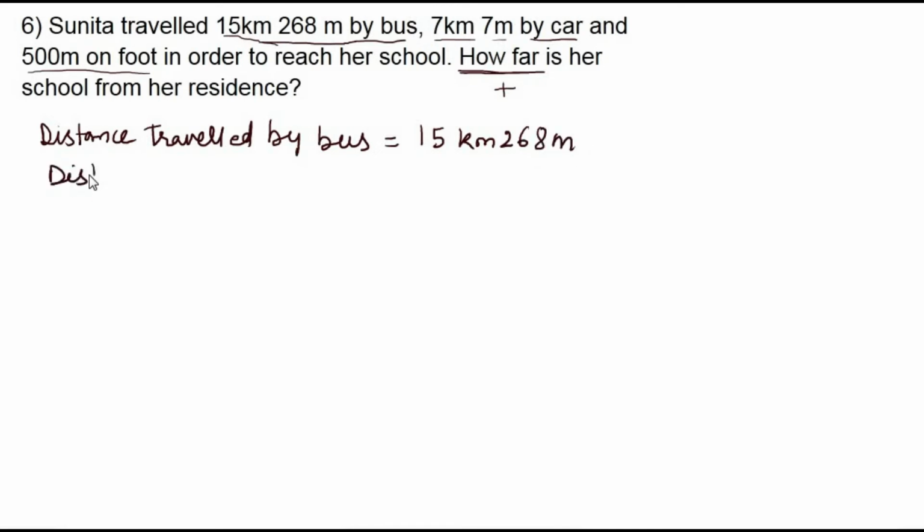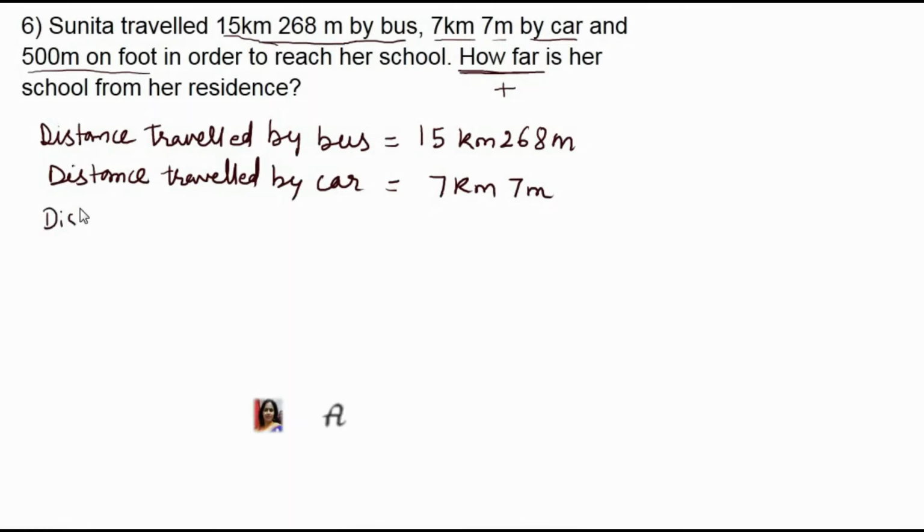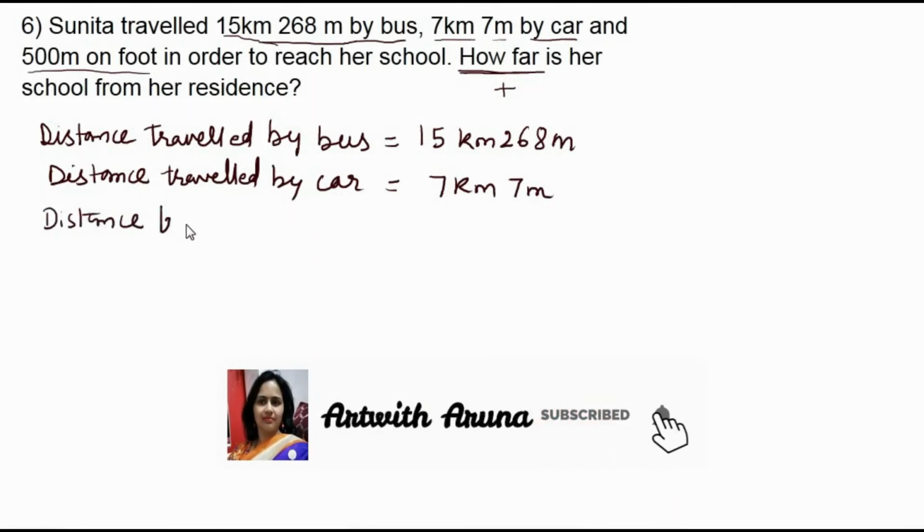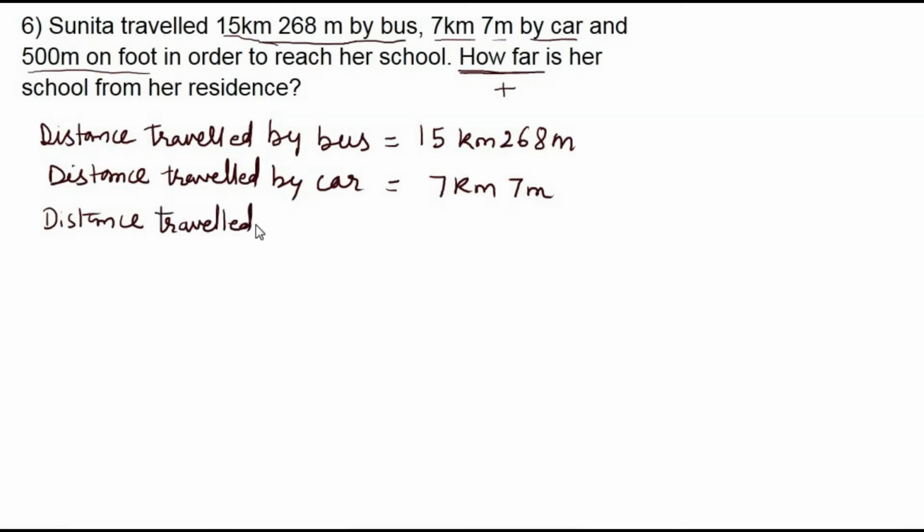Then distance travelled by car, that is 7 km 7 meter. Then distance travelled on foot, that is 500 meter. Now here you can see that we have two different units to represent the distance. So we need to change the distances to the same unit first of all. So what do we need to do here?